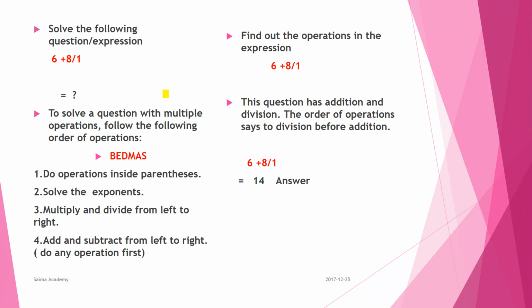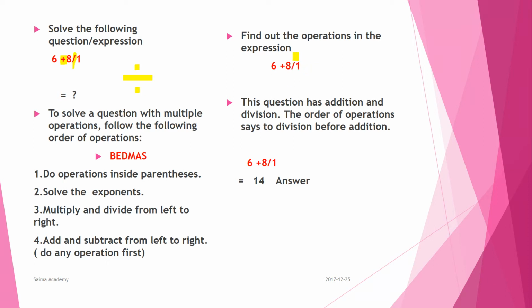Okay, we will discuss one more question. Here you have two operations, one is plus and the other is division. This is division. You have to follow the rule. You have addition, and here you have to divide by 1.